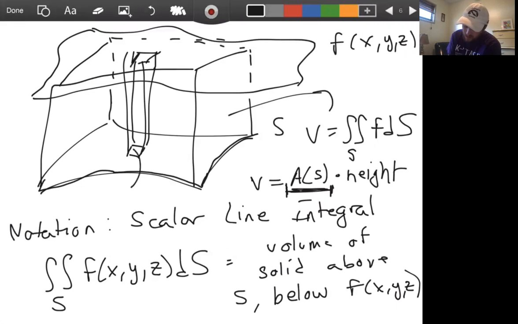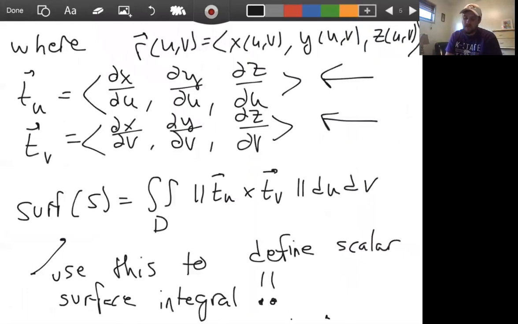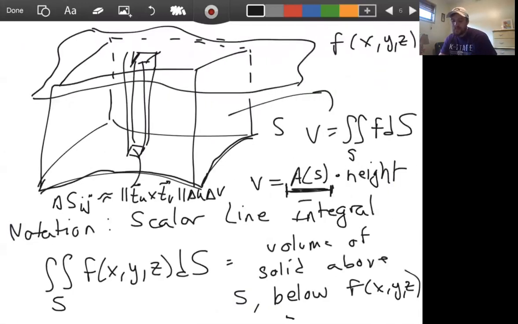Then we calculated that delta S_ij was approximately the magnitude of T_u cross T_v delta u delta v, where again T_u and T_v were the respective tangent vectors, where you take the derivative of r with respect to u, and then the derivative of r with respect to v. Okay, and so we have the formula for the area.